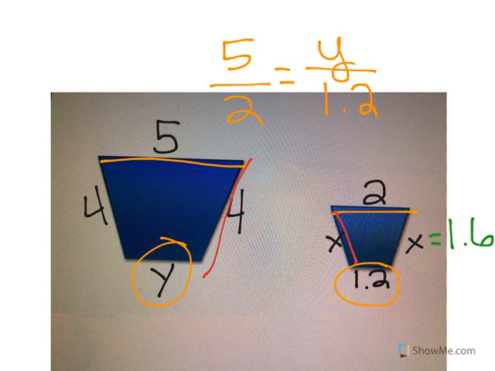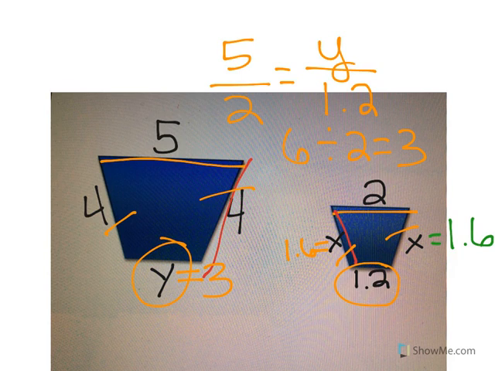And again, we're going to cross multiply. 5 times 1.2 gives us 6, and then 6 divided by 2 would give us 3. So y equals 3. Notice that the two sides here, x and x, are the same. So this would also be 1.6 because these two sides were both the same, 4 and 4.